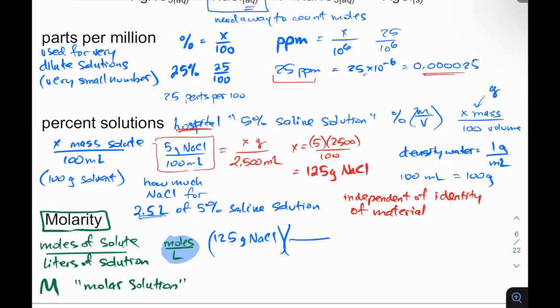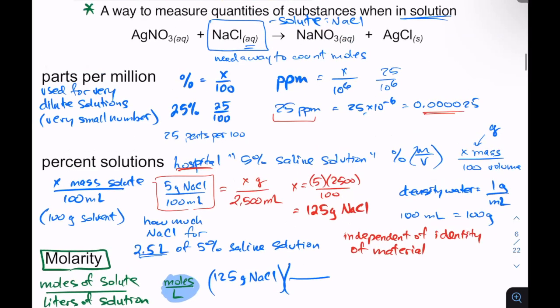So you might remember what the molar mass of sodium chloride is because you use it a lot. And if you don't remember, you've got a periodic table in front of you, right? Sodium is 22.99. Let's just say 99.